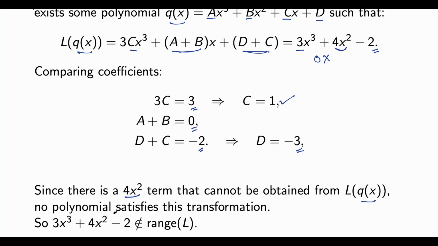So no polynomial satisfies this transform, because 4x squared is no longer on the right hand side of the transform value. So this vector does not belong to range L. You got my point? This is very important to think about, because we don't have anything to compare with the 4x squared term, right?